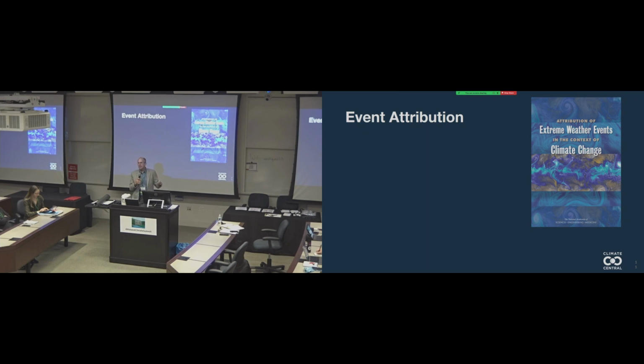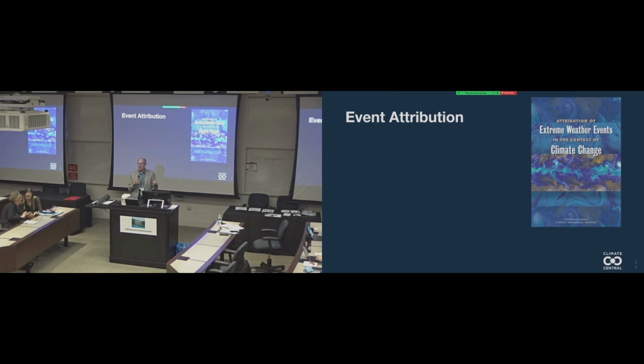There have been really deep advances in the science. Extreme events in the context of climate change is a National Academy study that came out about 10 years ago, and it was really kind of foundational for pulling a lot of the threads together and saying that for a lot of weather events, we actually can trace things back to climate change.